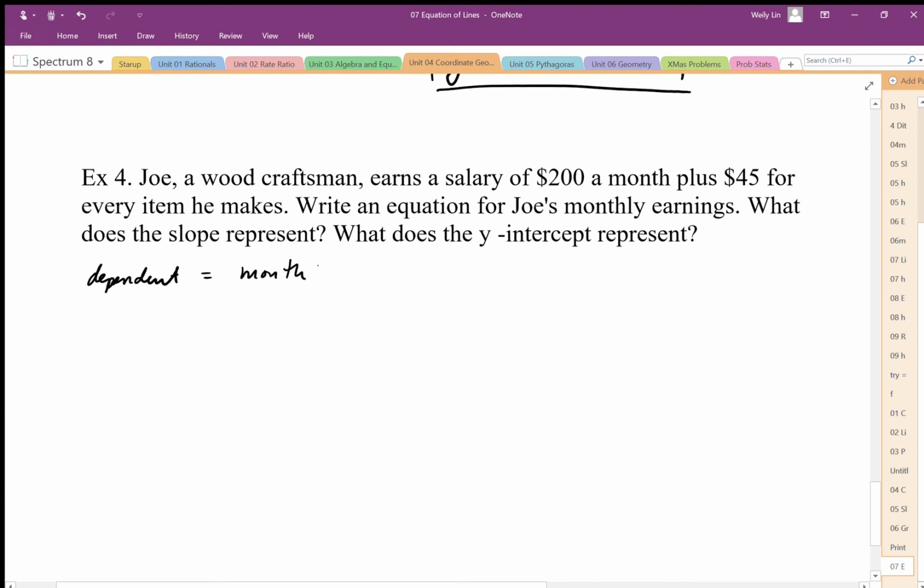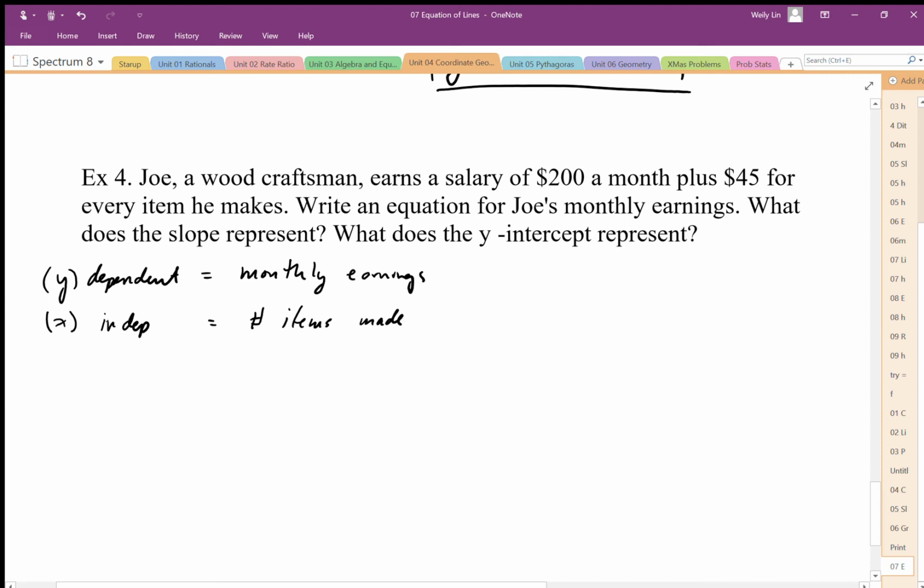So that's our Y. And the X represents the number of items made, that's our independent variable.